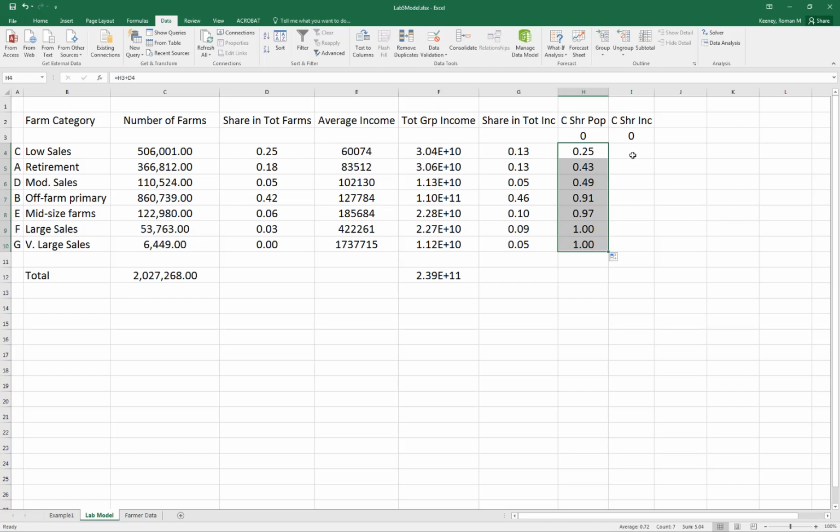Okay, and then we need to do the shares of income, so let's do those. So this one used the share in total farms. The share in income is going to use the share in total income. So we add the 0, or the first row, plus the addition of income in share form to the second row.